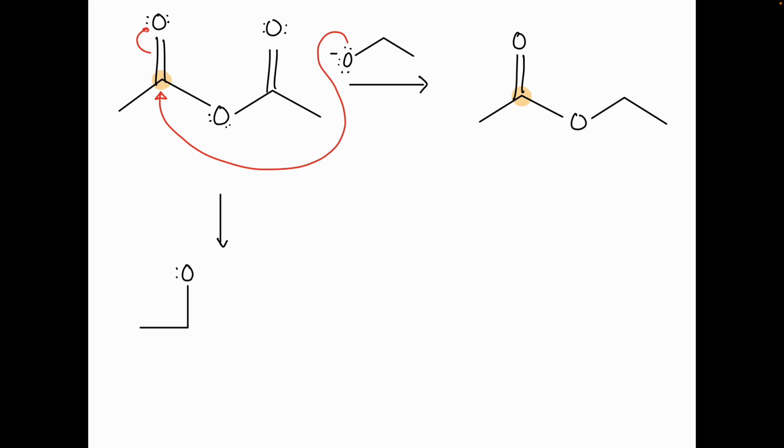That oxygen's accepted that pair of electrons, so it has this negative charge. I've got my nucleophile attached at the bottom here. Cool, so here's my intermediate of the first step in this reaction mechanism.